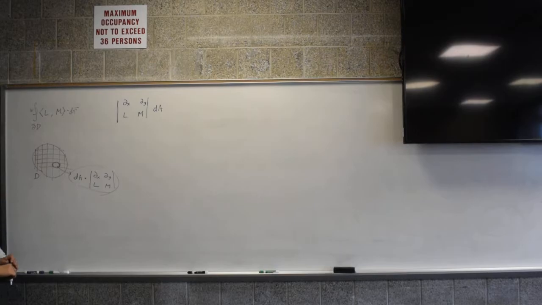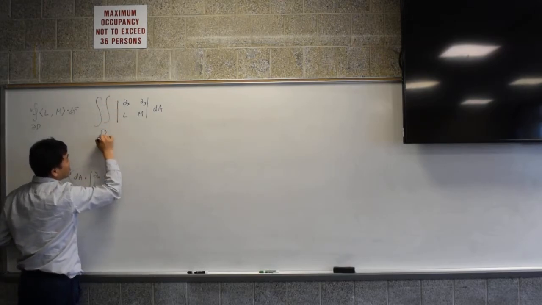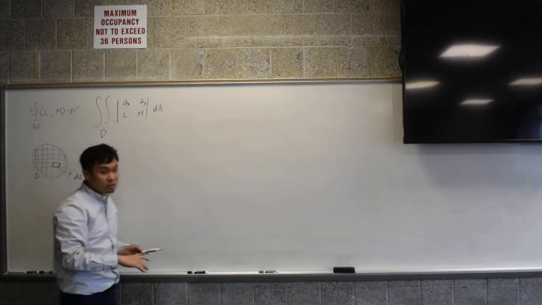And because the circulation is additive, if you add up the circulation on these small pieces over the entire domain D, you end up with the circulation around the domain D. That was basically the proof of Green's theorem that I showed you.